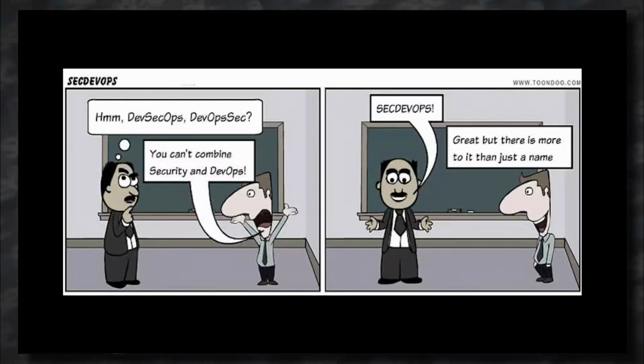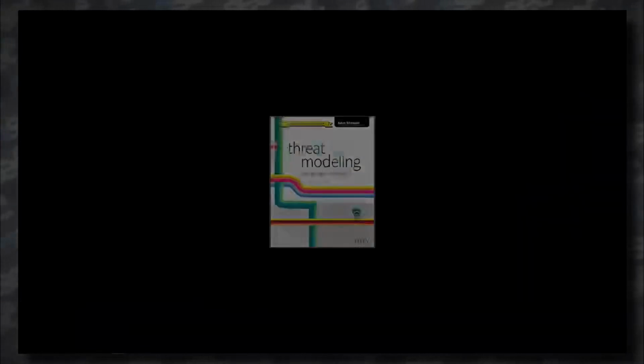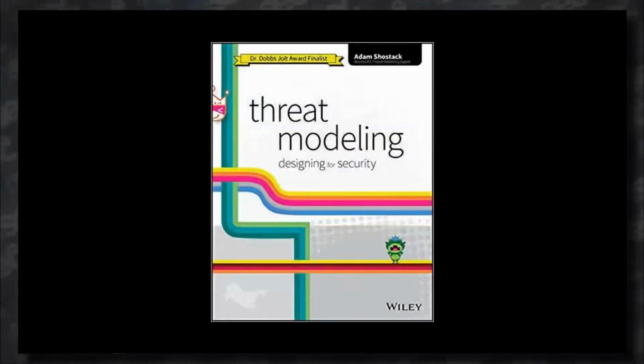It just got me thinking, why is it that we see threat modeling and DevOps as mutually exclusive concepts? Threat modeling is this critically important thing that we try to do from a security practice perspective, and yet the assumption was made that it was completely incompatible with a DevOps approach. Now, anybody who's done threat modeling is probably going to recognize this book.